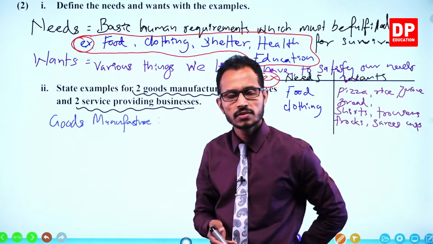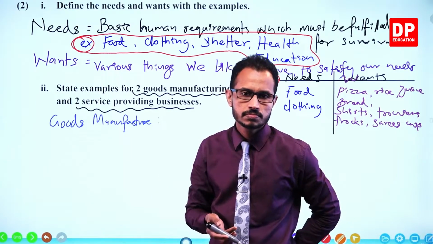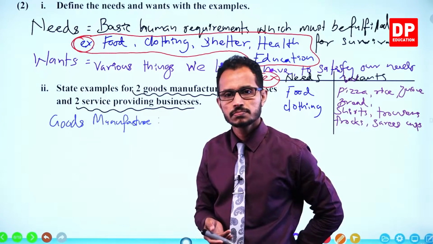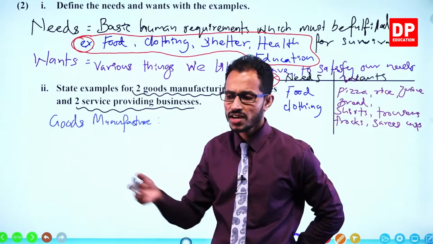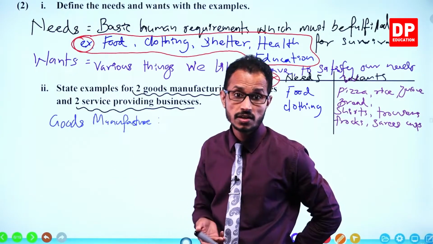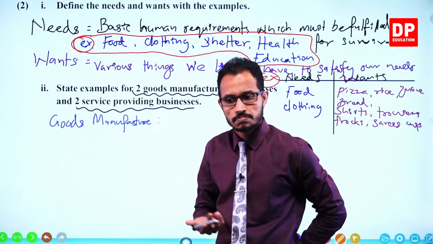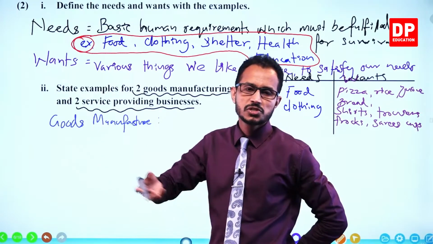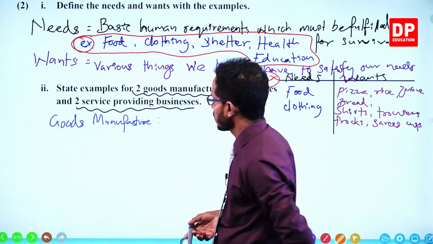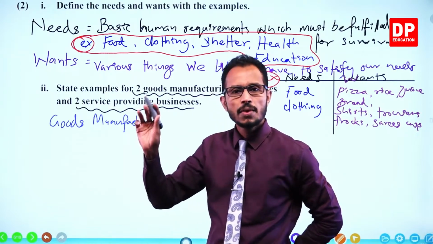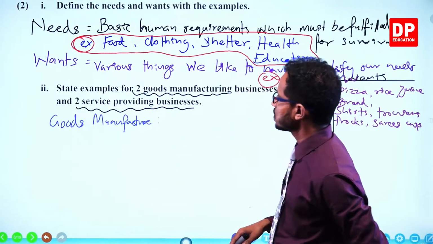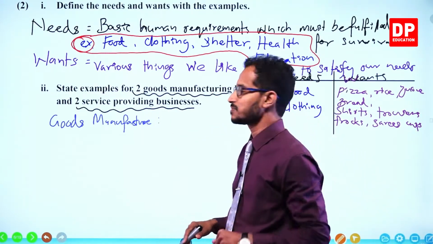A bakery is a goods manufacturing business. A furniture manufacturer, Damro. You can write any amount of examples, but just two is enough.